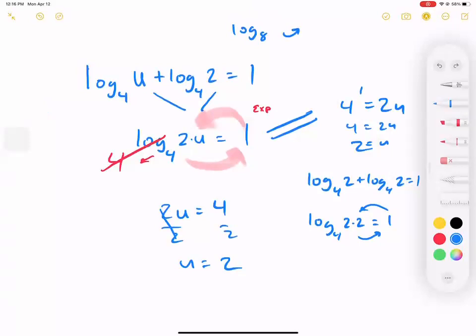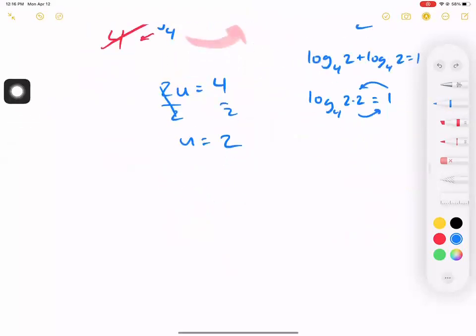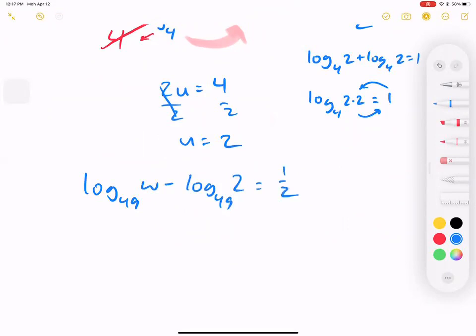Okay, let's try another problem. Let's do one more that's not as clear cut. If I write log base 49, that's a big number, of w minus log base 49 of 2 is equal to 1/2. Now again, this isn't as obvious.